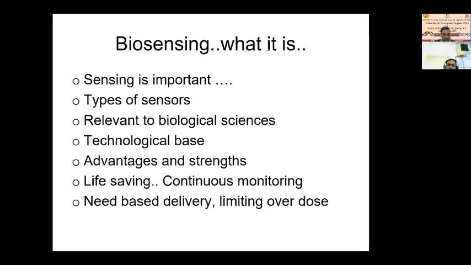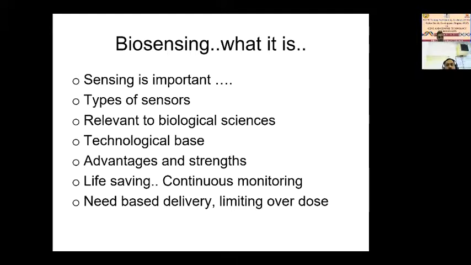Sensing is important in the sense that the response is very rapid, very accurate, and comes at a faster pace, and you can have sensing from a remote location. You can integrate the data acquired through sensing into a computational system, into any of the presentation systems, and it can be done on the latest communication systems. So everything can be integrated with these types of sensors.